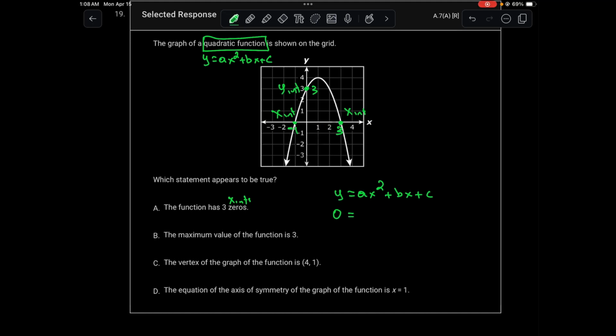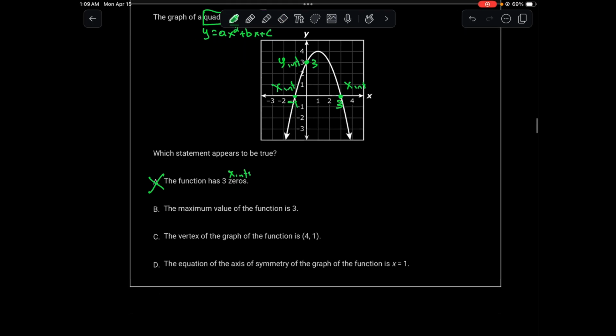So you have to set y equals to 0, and then you have the equation to solve and find the x-intercepts. But because you set y equals to 0, sometimes instead of x-intercept you call them zeros. Okay, so it has 3 zeros, meaning 3 x-intercepts. No, it only has 2.